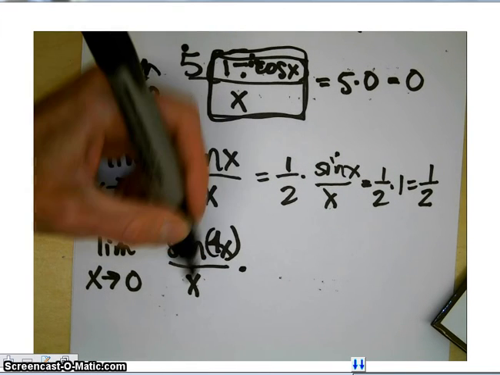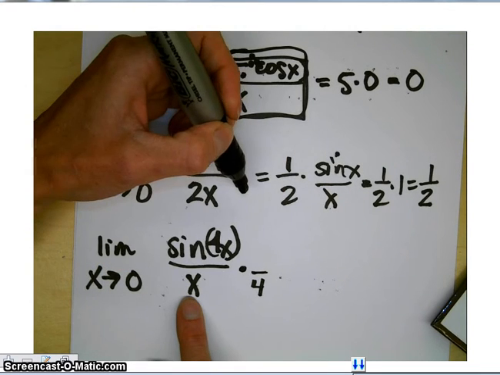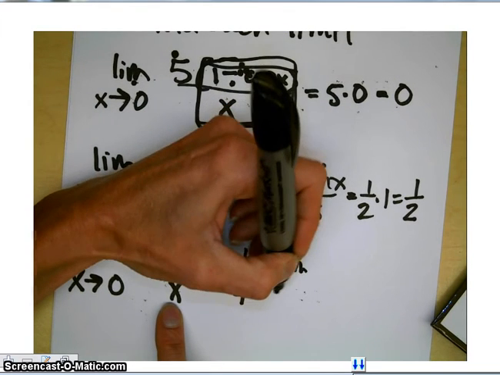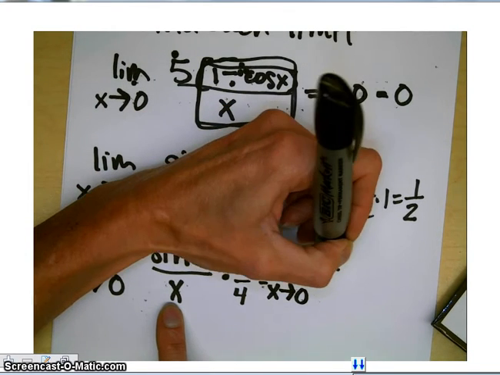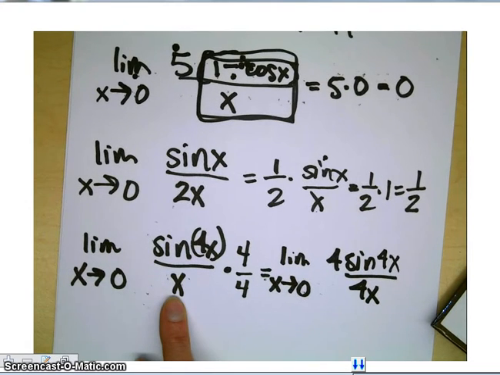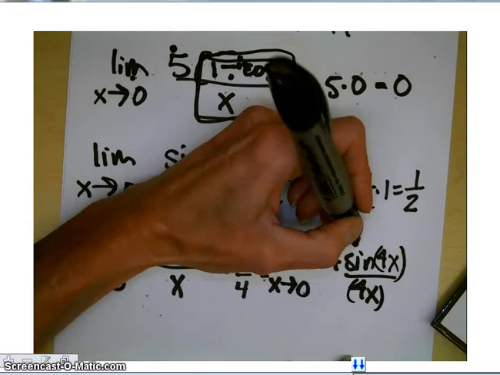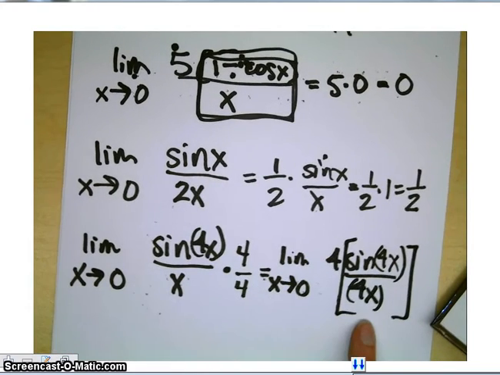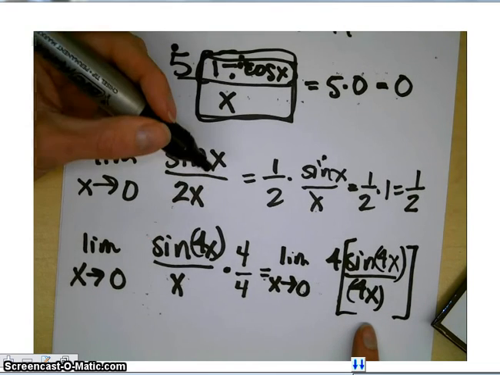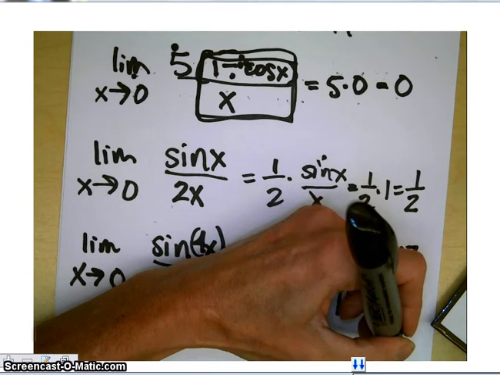In order to make this into this, if I multiply the bottom by 4, I also multiply the top by 4, which now means I'm finding the limit as x goes to 0 of 4 sine of 4x over 4x. Now this part right here, I can apply that limit theorem. What is this limit as x goes to 0? 1 times 4, which is 4.